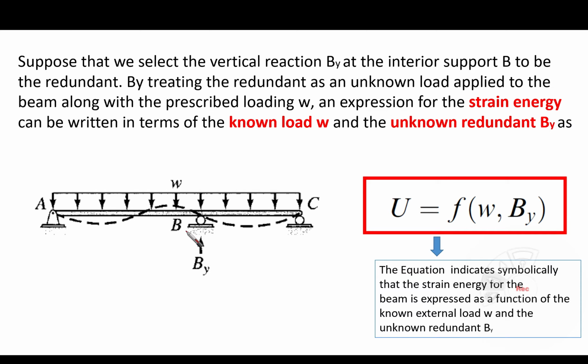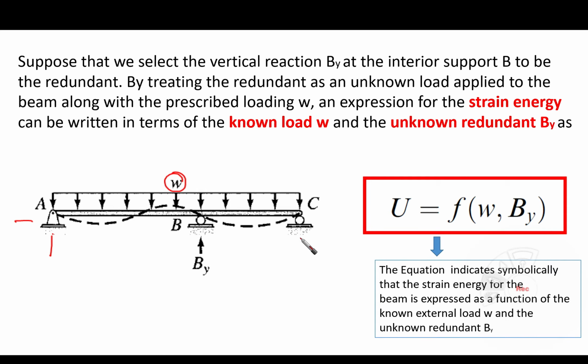It has two spans, and it is loaded with an external distributed load with intensity W. And we have reactions here, one reaction here and another reaction here. So we have four unknowns.